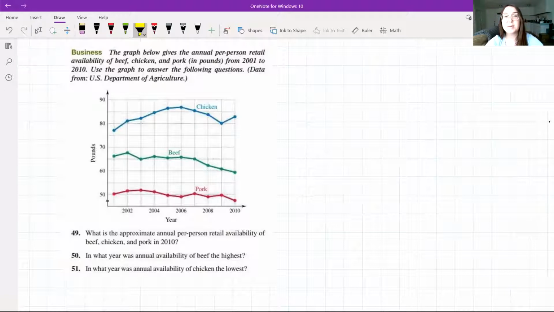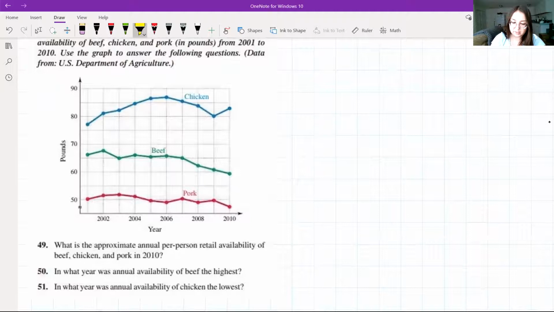This is asking us about a specific year. Our years are here on the x-axis, and our pounds, the annual per person retail availability, is on the y-axis. If we're asking about the approximate availability of beef, chicken, and pork in 2010, the only year we have to worry about on this graph is 2010.